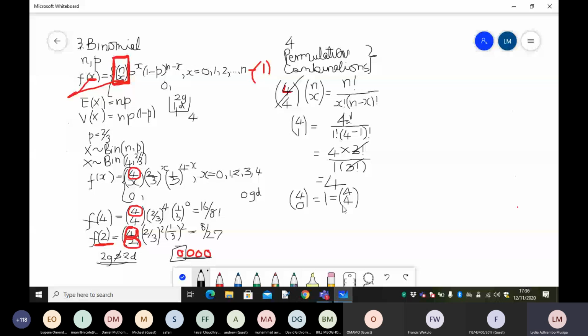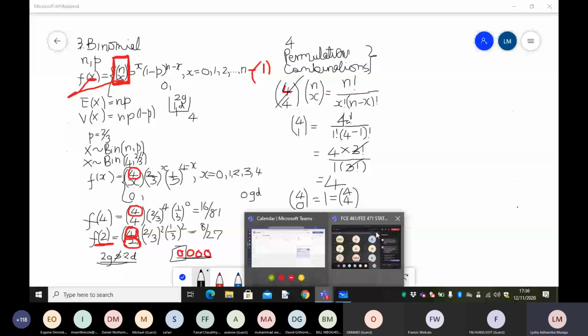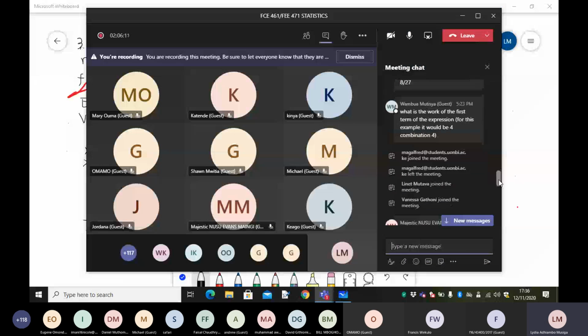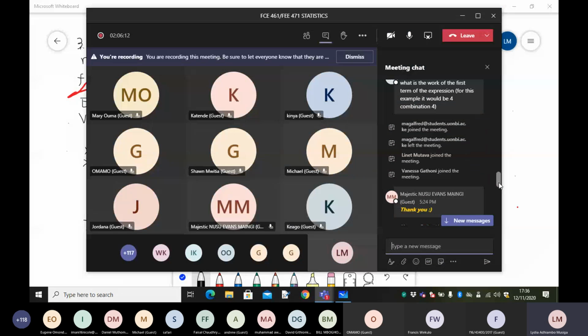Any other query? So this is what the first expression is all about, Wambua, and any other person who was wondering about it. So that is how we handle it. So even if you go to the calculator, that is what the calculator is doing.